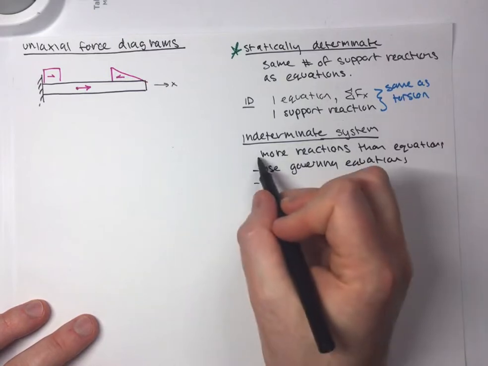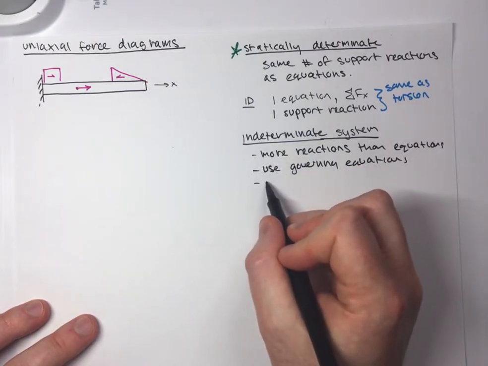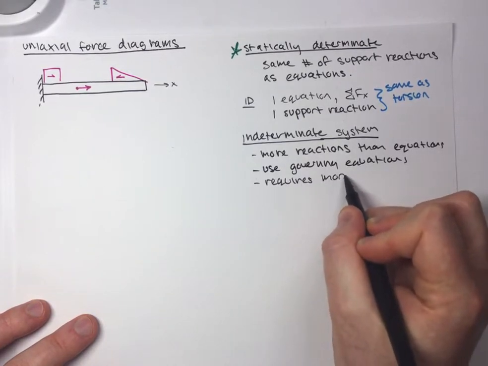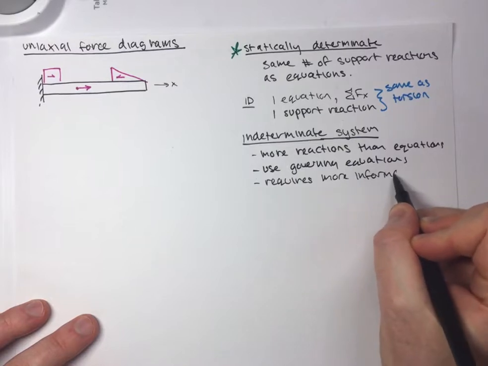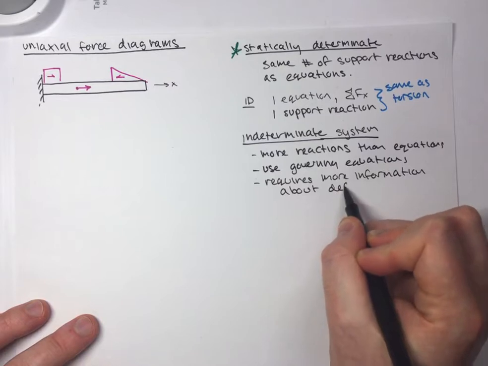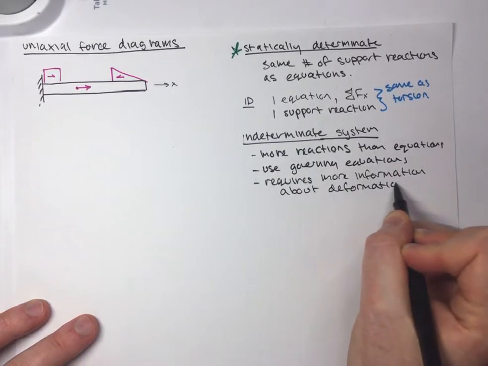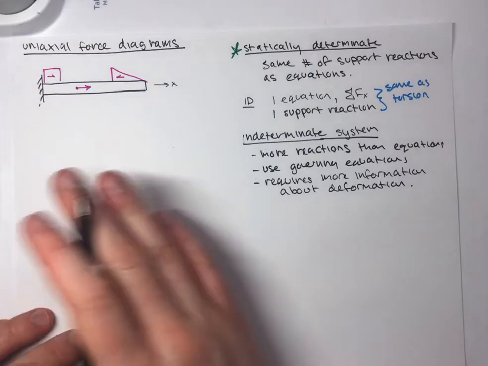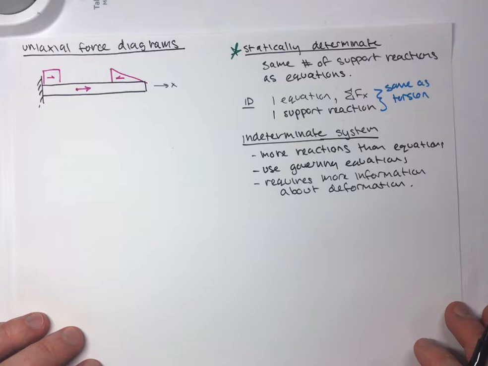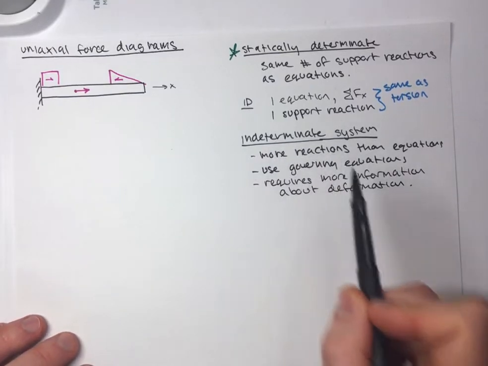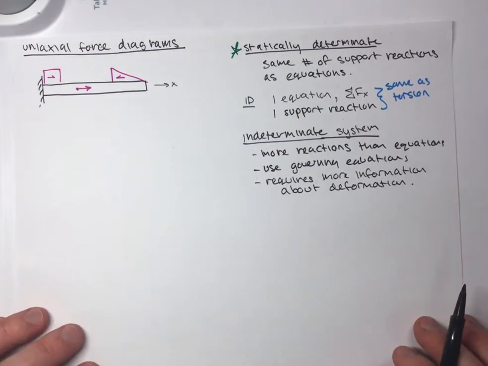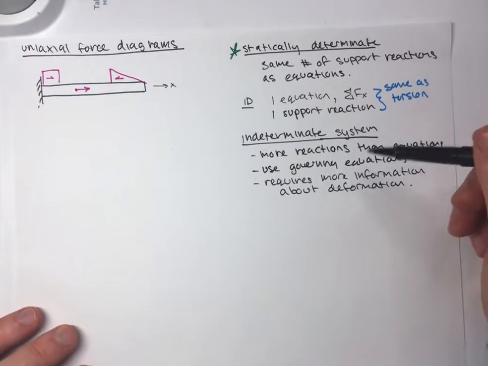Essentially, this requires more information about the system, specifically about deformations. So you need to have some idea of the stiffness of these elements so that you can determine the motion that will occur. So whenever we have an indeterminate system, we have to do something involving our governing equations. We have to solve for those values in a different way.